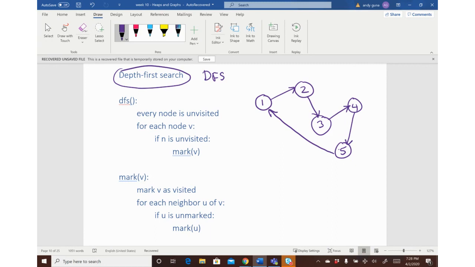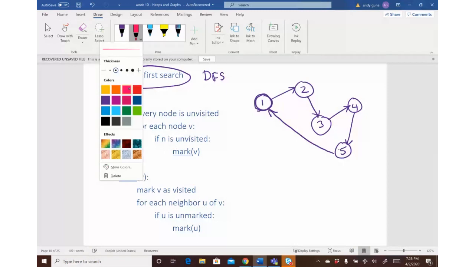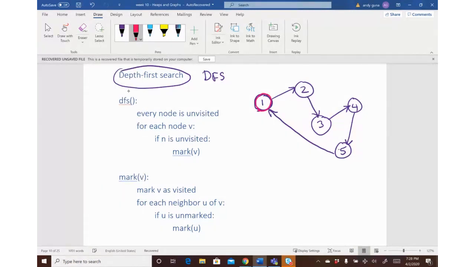So for example, I can start from node 1. And then I can go from node 1 to node 2, because I will know from my adjacency list or adjacency matrix that I have an edge from 1 to 2.